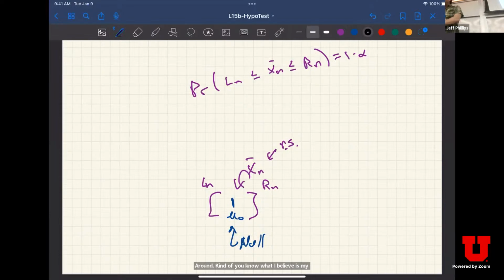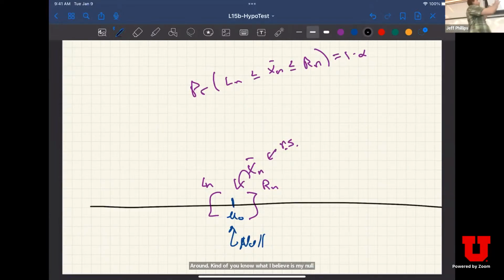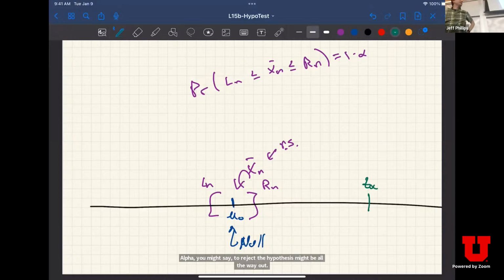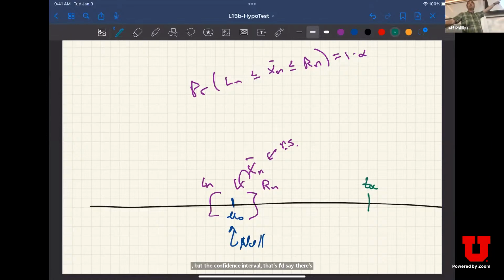And if you look at this, I drew it intentionally small. You could imagine my T alpha, to reject the null hypothesis, might be all the way out there. If something fell out there, then I would reject it.